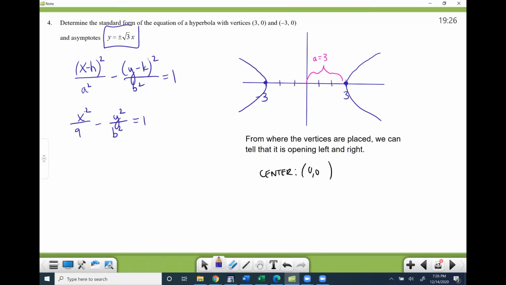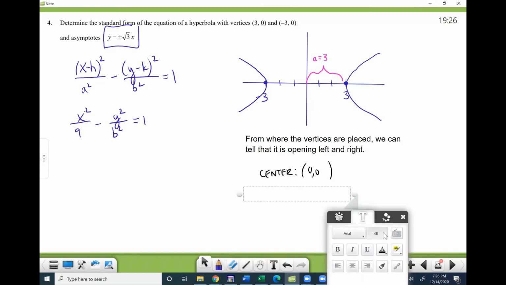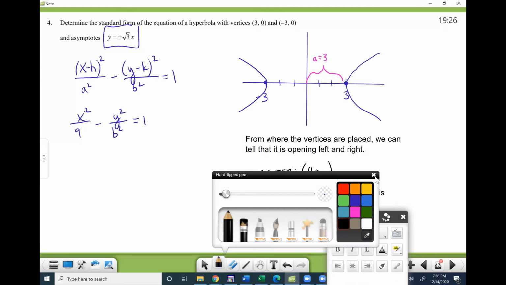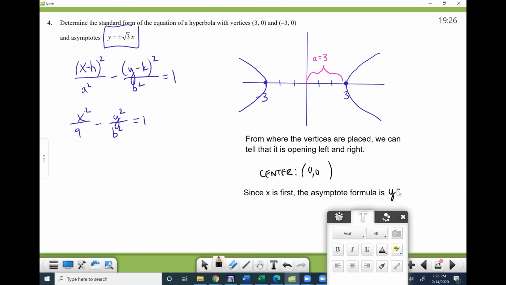So since x is first, we know the formula for the asymptotes has no plus or minus thing. So it's not going to be A over B, it's going to be B over A. Okay.